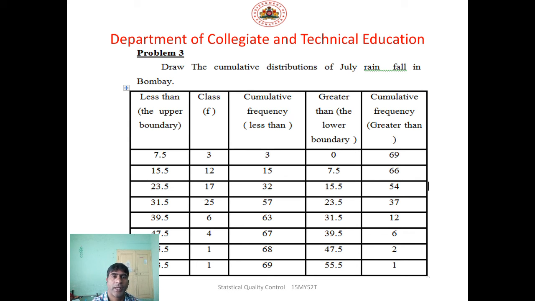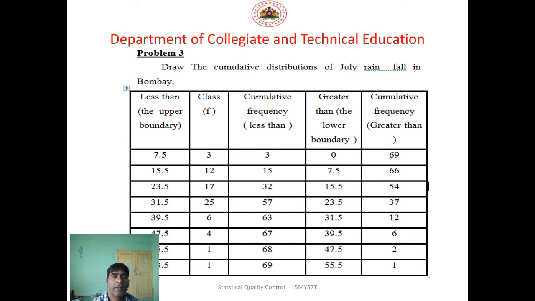Like this you count the number of frequencies for less than 15.5. Again I am telling you, it should be less than 15.5. If you count, you will get 12 frequencies in the problem. In the 69 entries we have 12 entries which are less than 15.5.